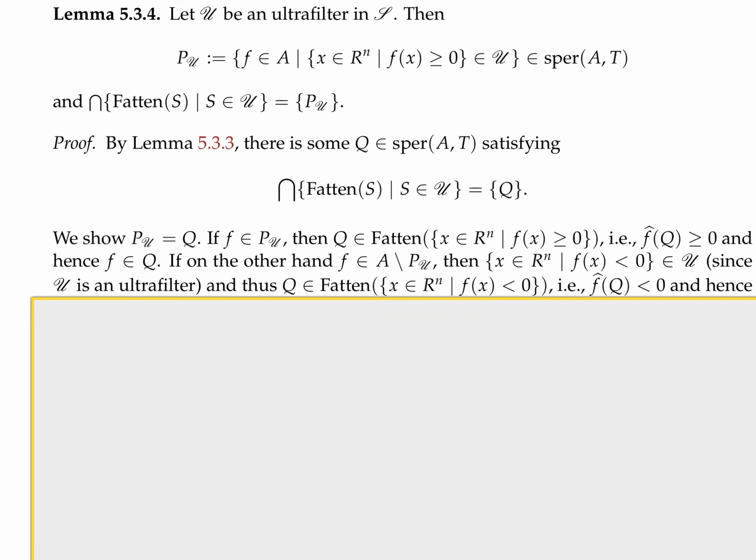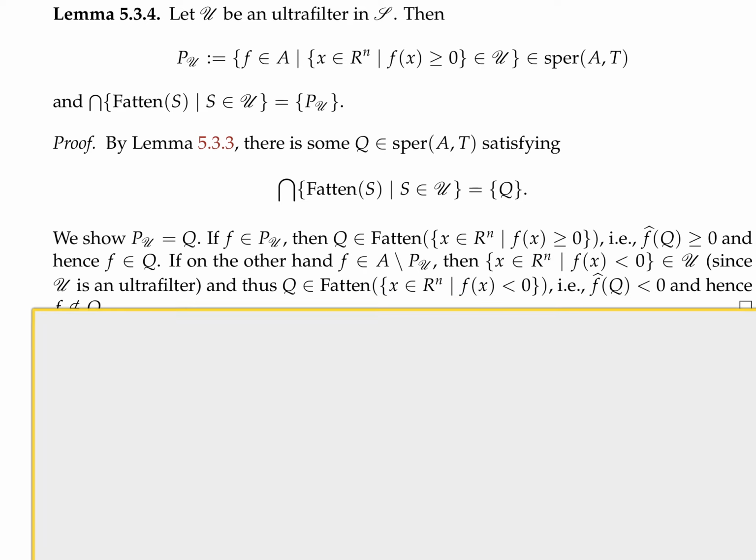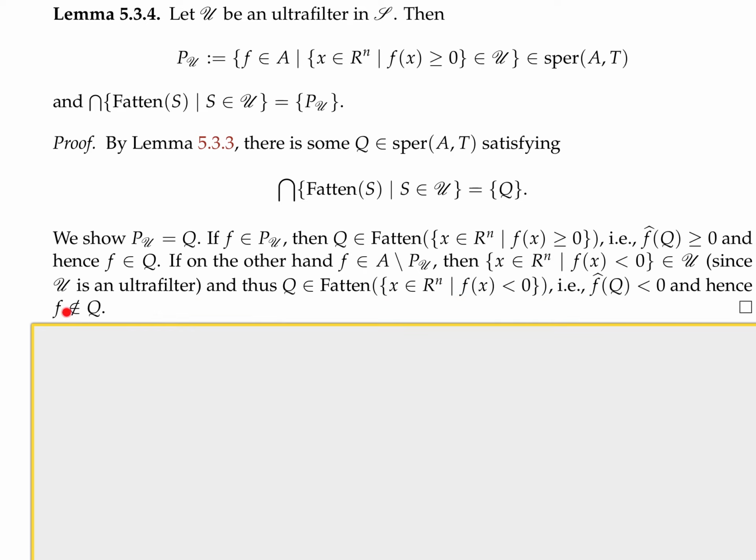And so this is in U, and so the fattening of it contributes to this intersection. Therefore, Q is in the fattening of this. That means f head of Q is less than 0, and hence f is not in Q, right? So it was about the same argument, but I needed this step.